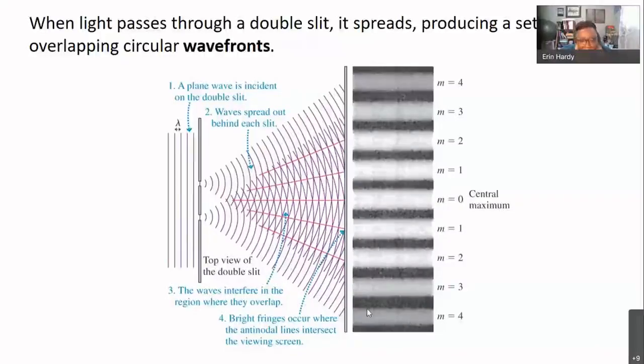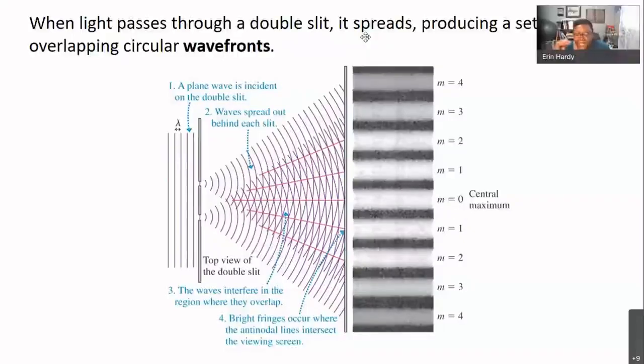The bright lines are going to be the opposite. So that's either peak and peak or trough and trough. But the point is that this is maximum constructive interference in this case. So you can trace one antinodal line from the midpoint between the two slits directly to the screen. And that's going to be our central maximum.